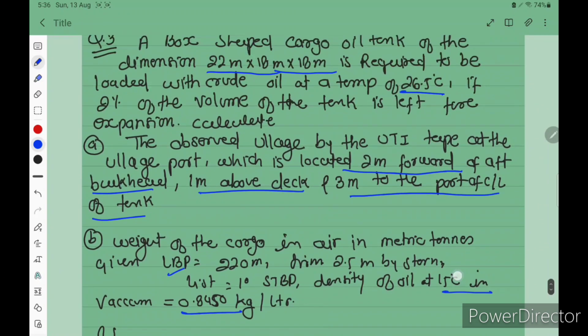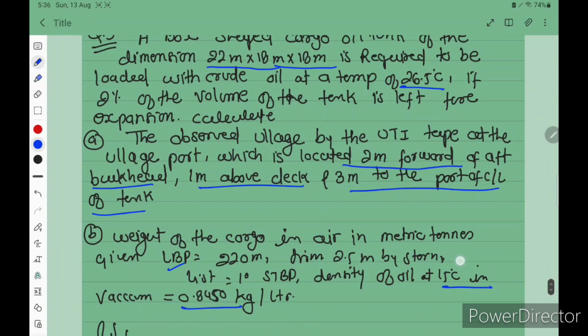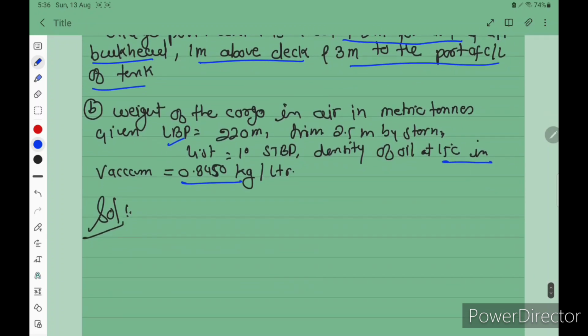Okay, so the dimensions of the tank are given. Why is expansion required? Let's consider this is your tank. Then you fill 98% of oil. Generally on a tanker 98% is the maximum we can load, because 2% we leave for expansion.